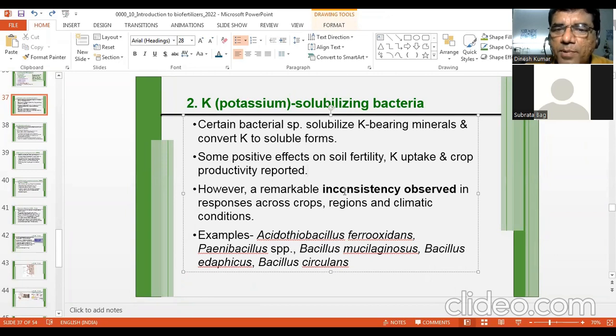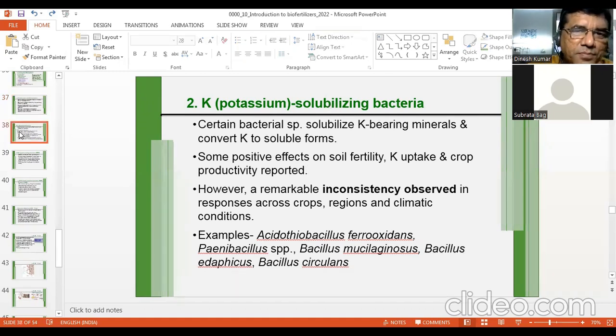However, a remarkable inconsistency is observed, which means they do not give response always. Sometimes they are effective, sometimes they are not. That is the inconsistency in response across crops, regions, and climates. Examples you can remember: Acidithiobacillus ferrooxidans, Paenibacillus species, Bacillus mucilaginosus, and so on.